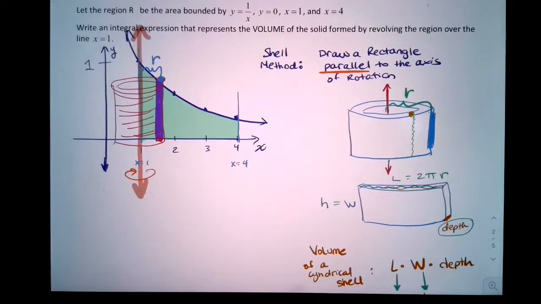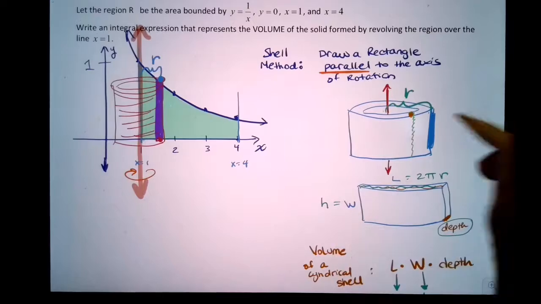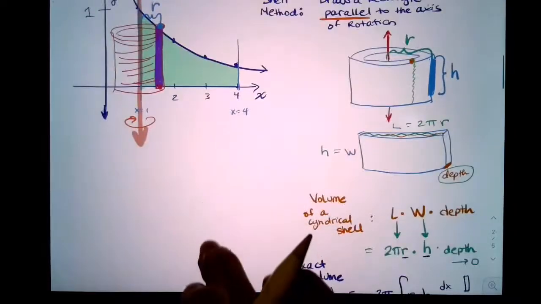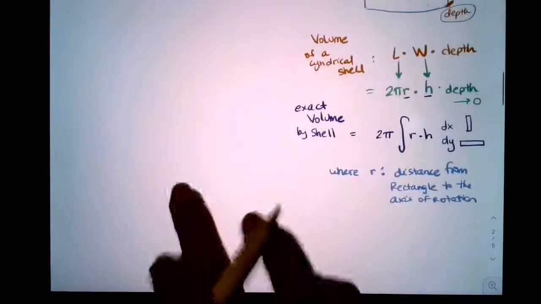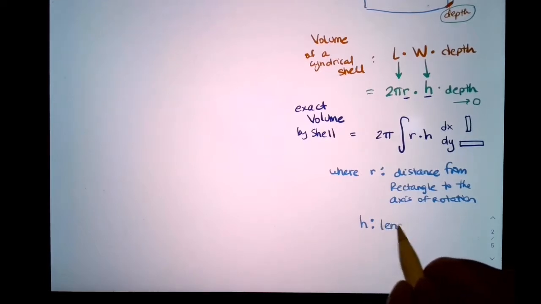Now h. We said that the width was h. Well, this is h. I'm going to call that the length of the rectangle. So r is the distance from the rectangle to the axis of rotation, and h is the length of the rectangle.